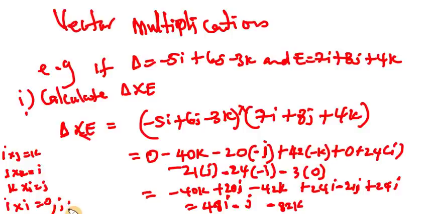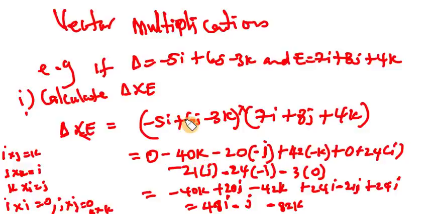Cross J and J gives us 0. Cross K and K gives us 0. So minus 5 times 7 is minus 35, but I cross I gives us 0.